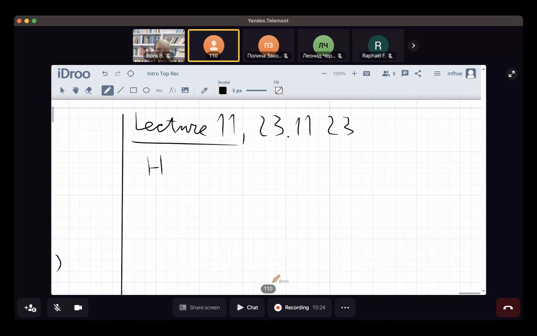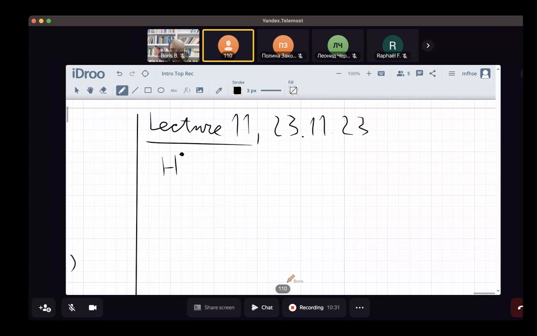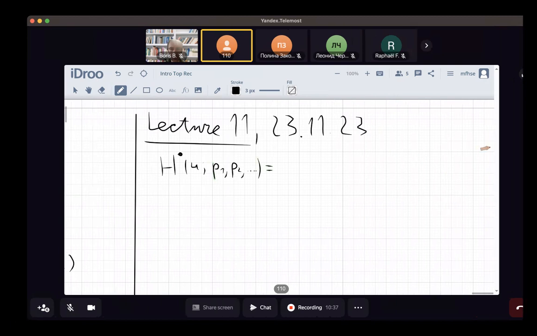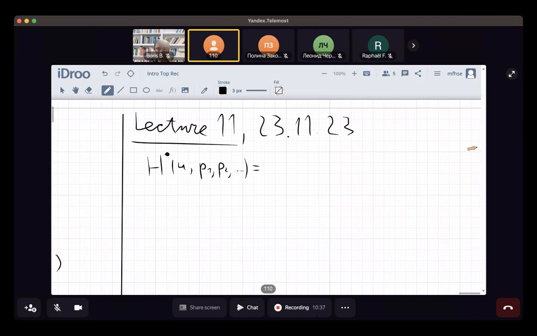We said that the disconnected generating function for Hurwitz numbers of u, p1, p2, and so on, what was it? It was the sum over m from 0 to infinity, sum over mu, size of mu equals m, right?